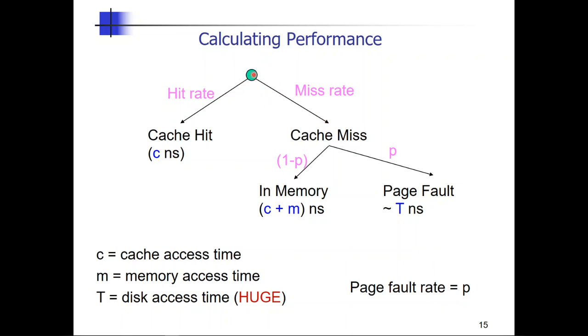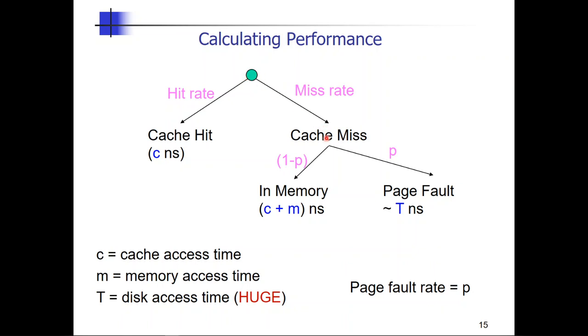So at the beginning, we could have a hit in the cache, or we could miss the cache, depending on the hit rate and the miss rate. Miss rate is essentially 1 minus the hit rate. But we have C, which is the cache access time. That's going to be the time that we take to access the cache memory.